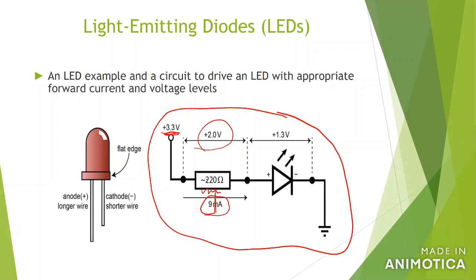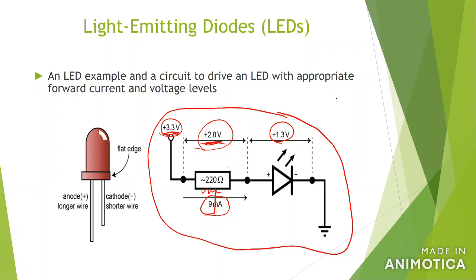The summation of the two voltages on the resistor and the LED should be equal to the voltage source. So you use 3.3 minus 1.3, you get 2.0 for the resistor.